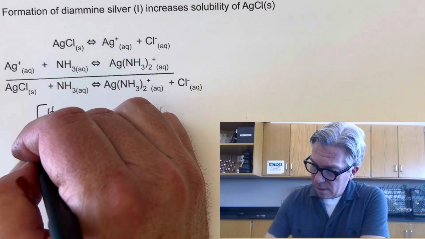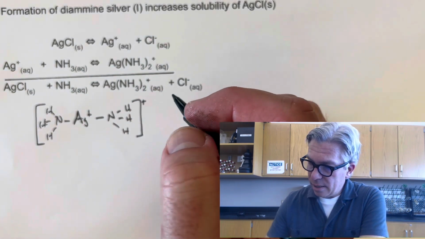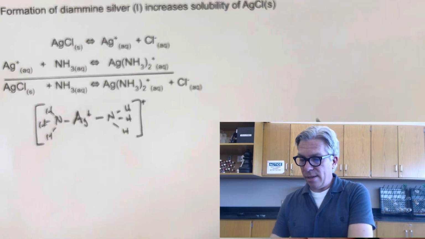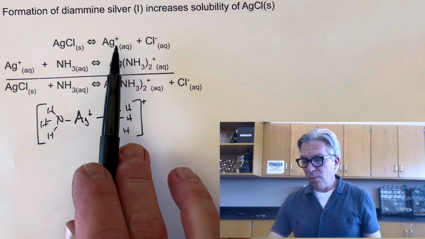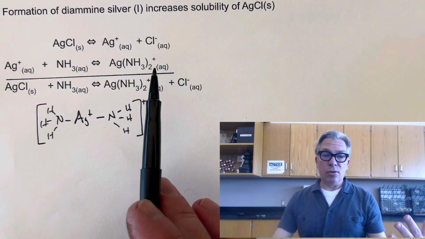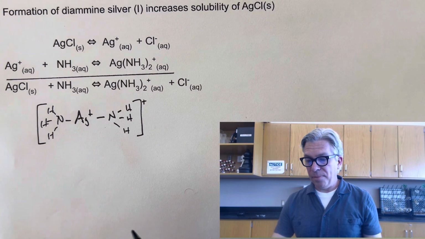All right, and this becomes a complex ion with a +1 charge. And this is the diamine silver(I) ion. And because that's not part of the original equilibrium system, more silver chloride will dissolve in order to take its place. And that way we can help the silver get dissolved again.